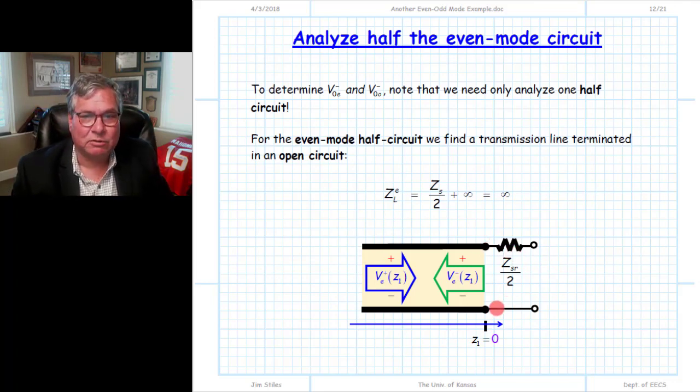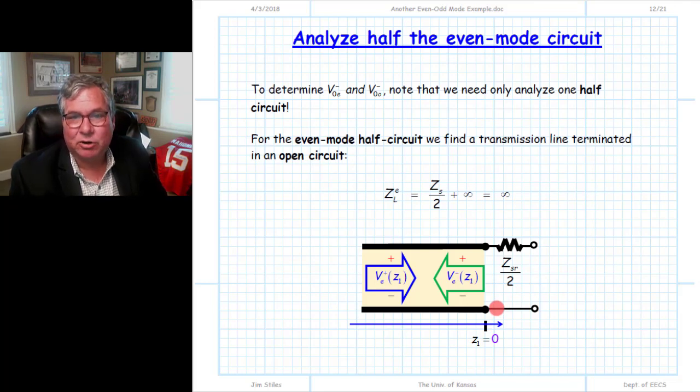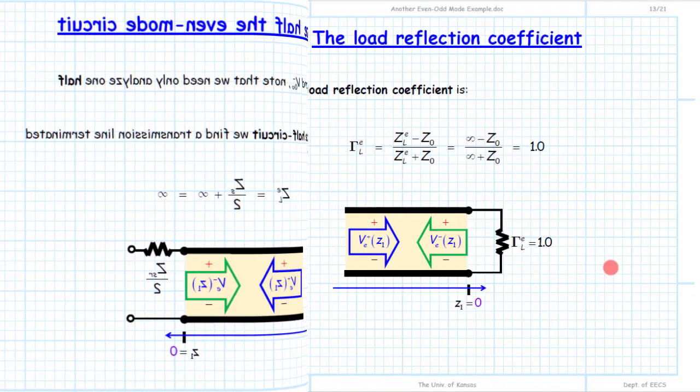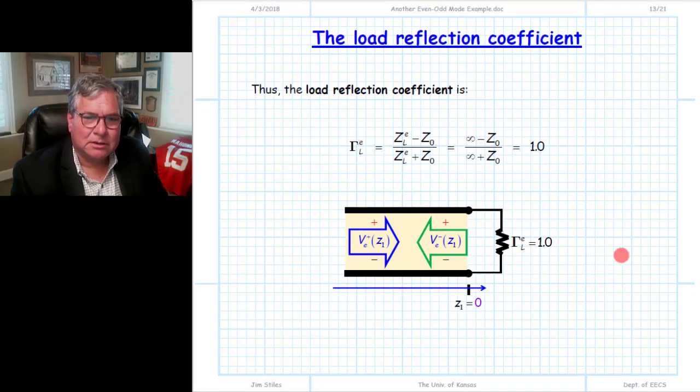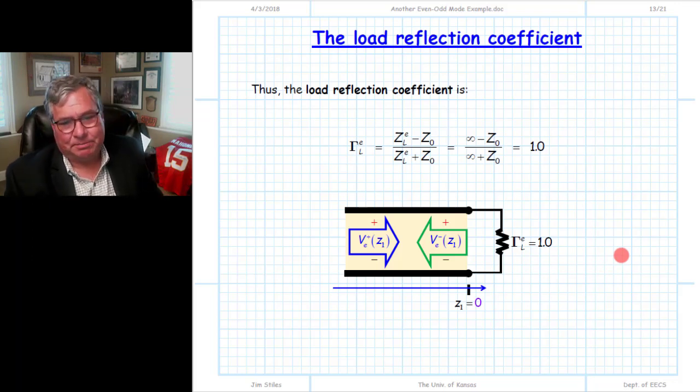And we know how to deal with transmission lines that are terminated in an open circuit, particularly ones where we have identified the position index at the end of the line where the load is. We've used the index z equal to 0 to indicate that location. So our half circuit simply simplifies down to something we've seen before, something really fairly trivial.